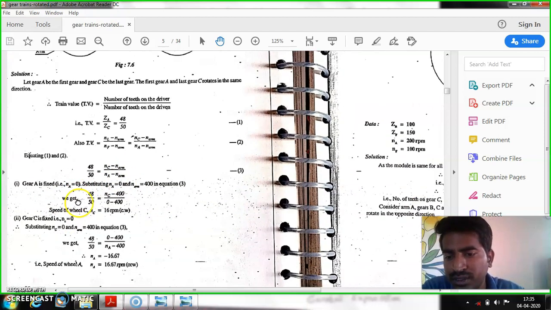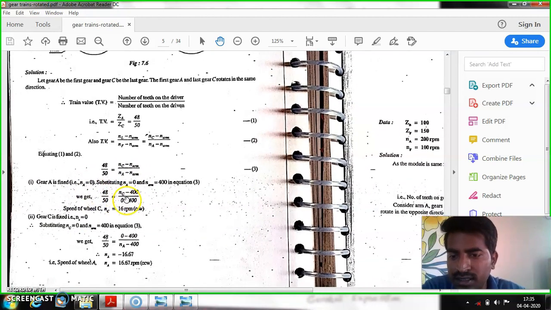Now the first question he has asked is, when gear A is fixed, what is the speed of gear C? So now gear A is fixed means speed is 0, then NA equal to 0 and NR is equal to 400. Let us use these substitutions in this third equation.